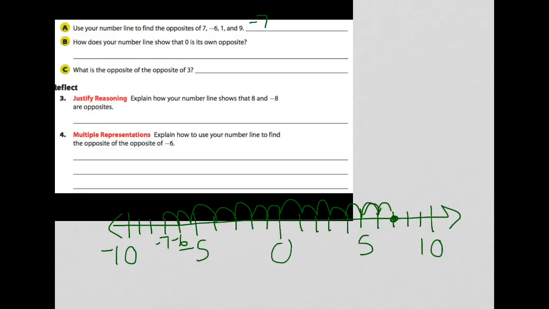You can go ahead and continue to do -6, 1, and 9. What are the opposites of those three numbers? I'll give you about 20 seconds to write them down.